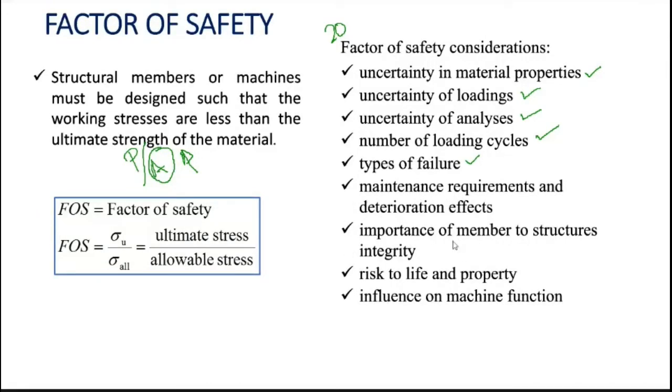Next, importance of members to structural integrity. It means some component will transfer force. For example, like a gear. A gear transfers the power from one shaft to another shaft. It will be something like this. We have two circles. If one is rotating, the other will also rotate.